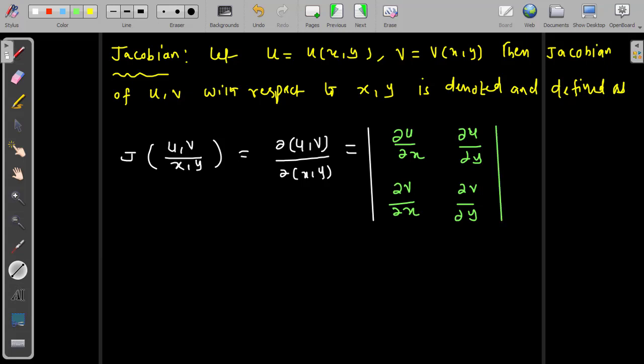This is the same as another notation: the modulus determinant, also written as ux uy in the first row, vx vy in the second row. It's a second order determinant, of order 2 by 2, like a b c d format. Now we'll note a few points.